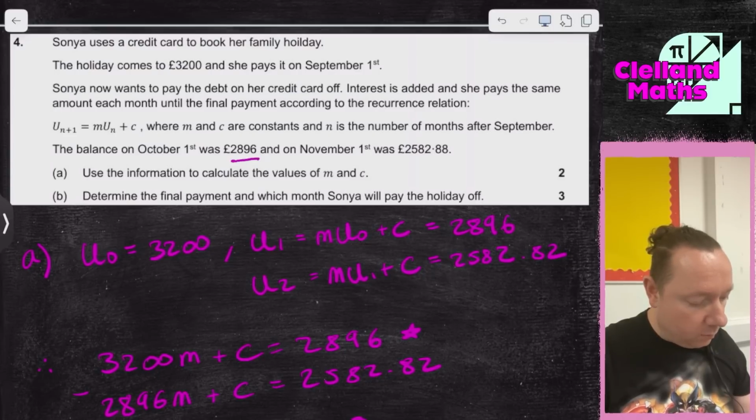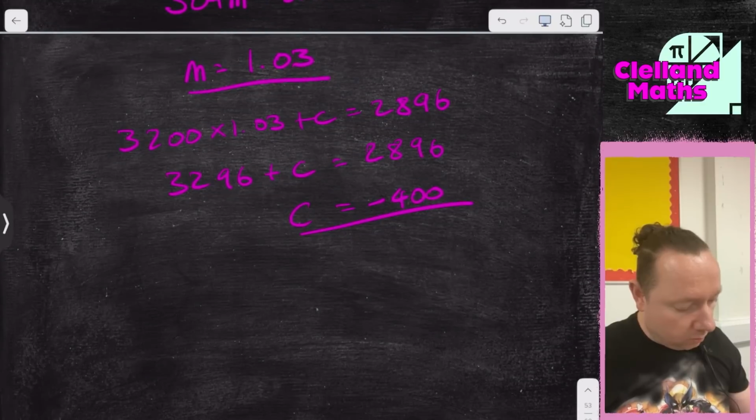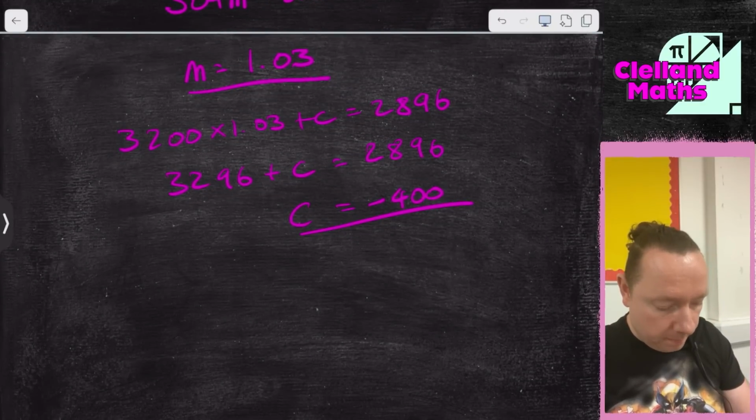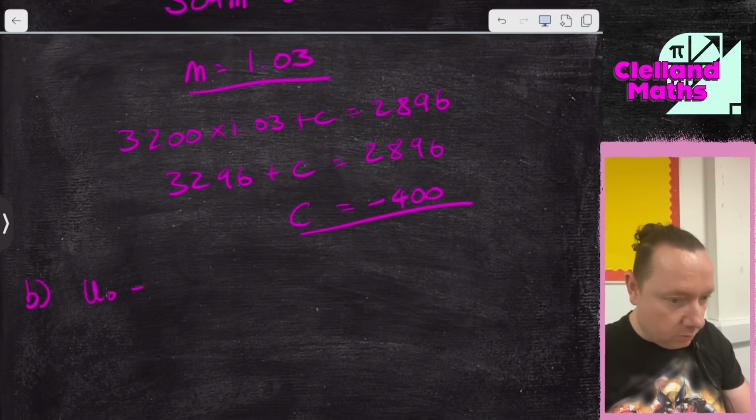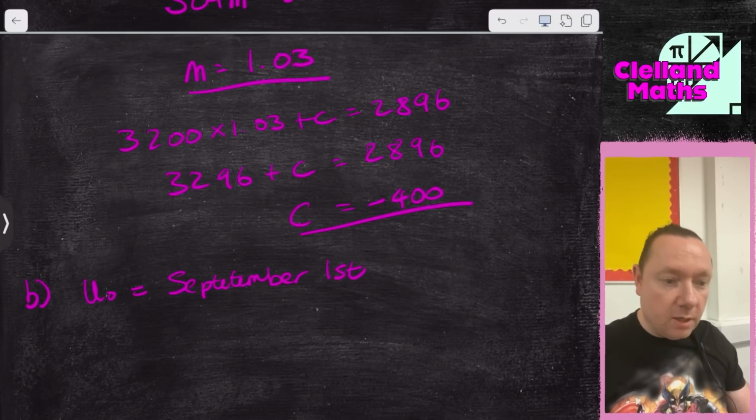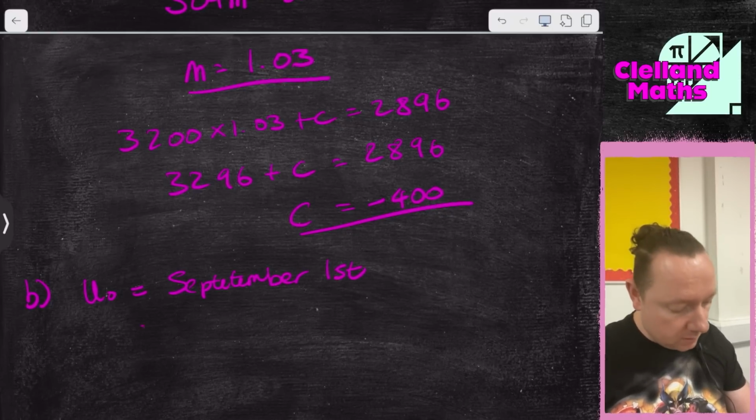Part B. Determine the final payment, in which month Sonia will pay the holiday off. So, for part B, remember U0 is equal to September 1st, the first month. And then we've got our recurrence relationship.